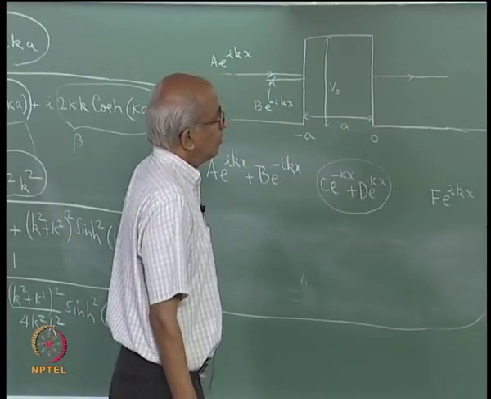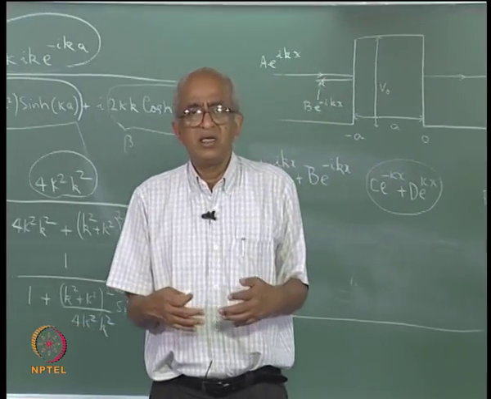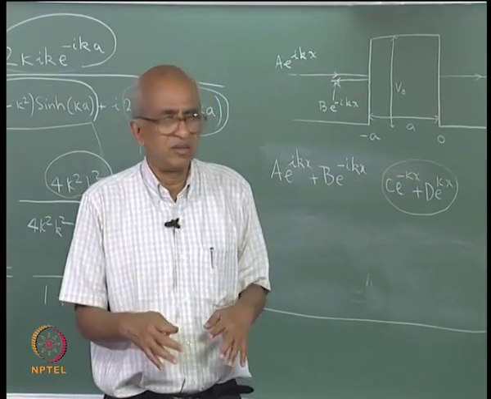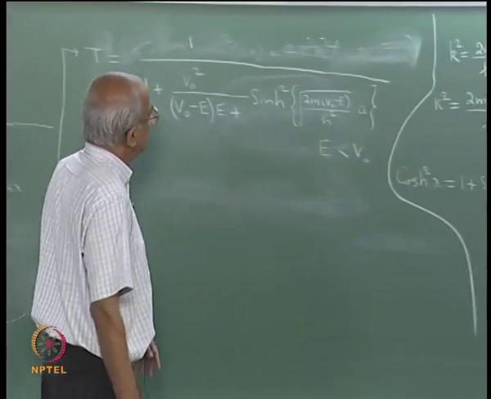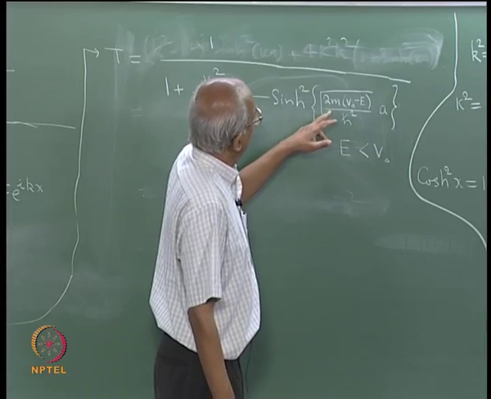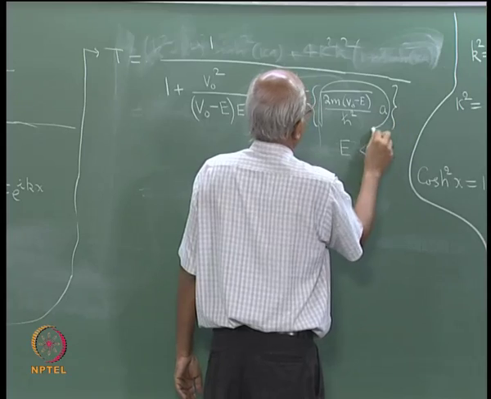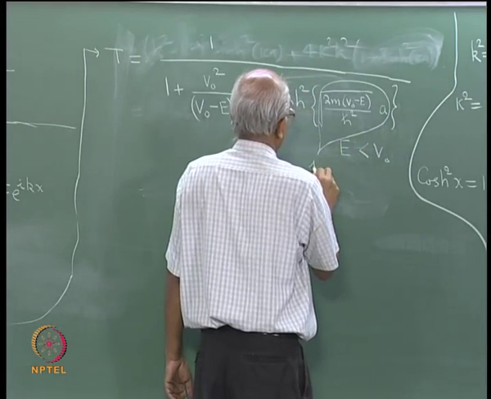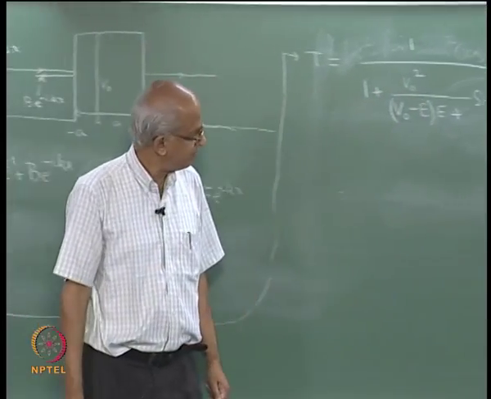So, let us imagine a situation where the particle is rather heavy, maybe something like a carbon atom or something like that. Well, strictly speaking, what I should say is this object is much larger than unity, suppose. That is the limit that I would like to think of.